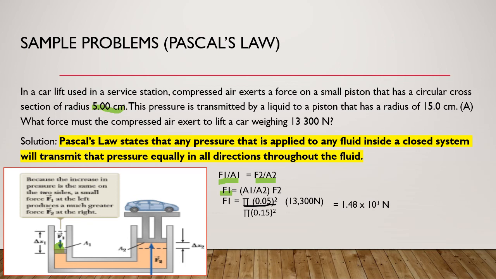Yun yung radius, 0.05 squared, pi r squared dyan. Divided by area 2, ang radius is 15 centimeters. Ayun naman. Ito naman yung F2, which is yung bubuhatin na kotse. Ang sagot natin, 1.48 times 10 cubed Newton.